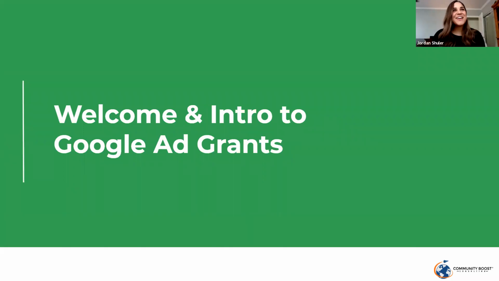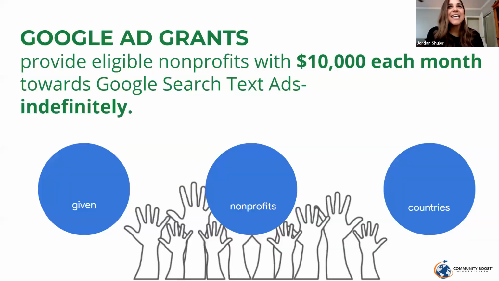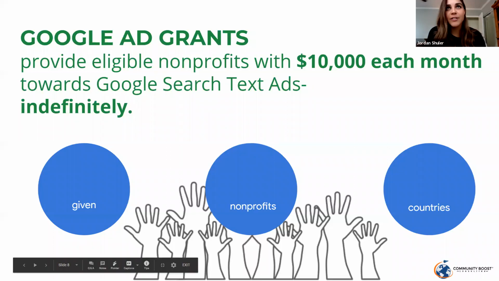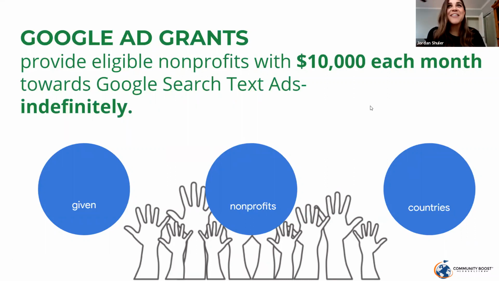Perfect. Thanks, Cam. So if you guys aren't already familiar with what the Google Ad Grant is, the Ad Grant is a $10,000 a month grant that Google provides to eligible nonprofits towards Google search text ads. We'll get into the details of eligibility and how the ad grant works, all of you newbies out there.